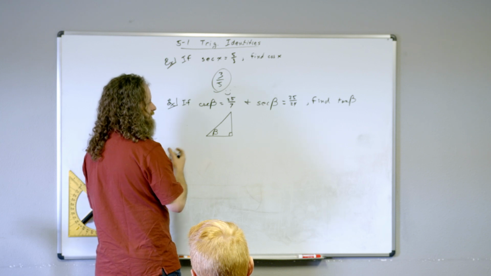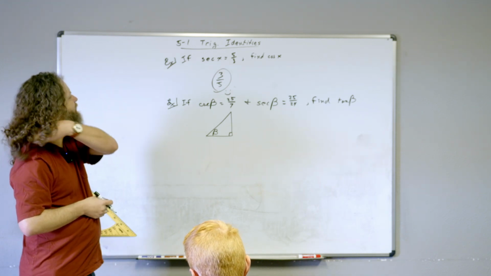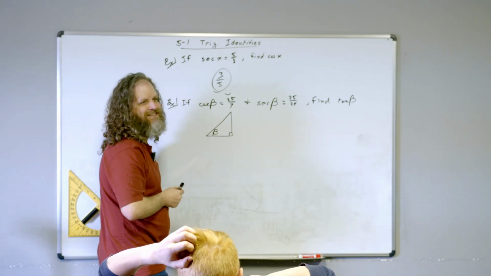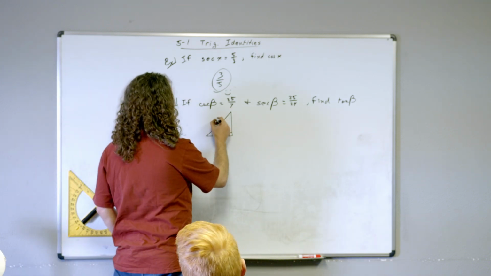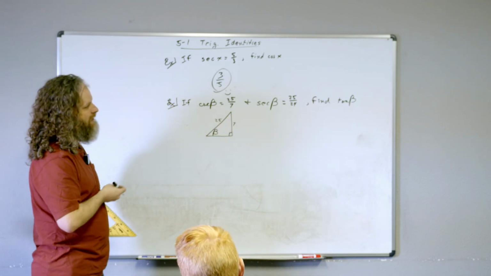What is cosecant? Hypotenuse over opposite. So 25, 7. What is secant?